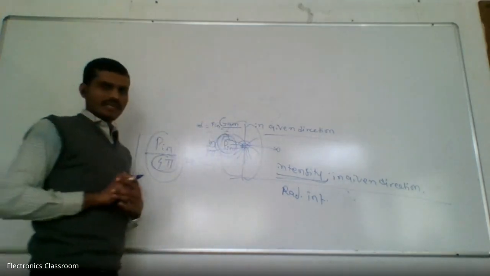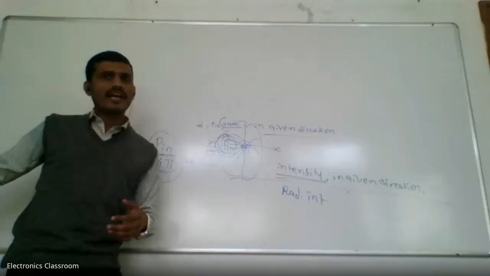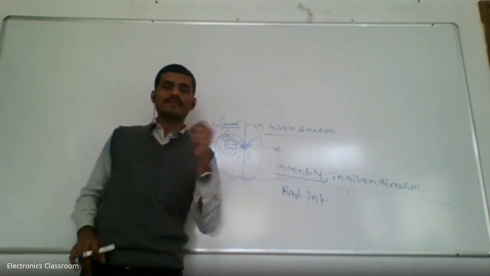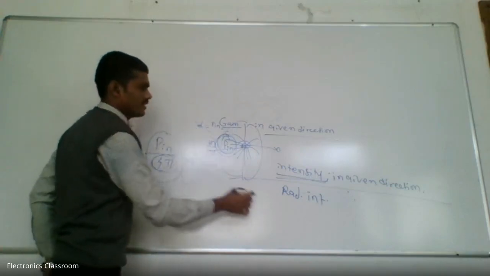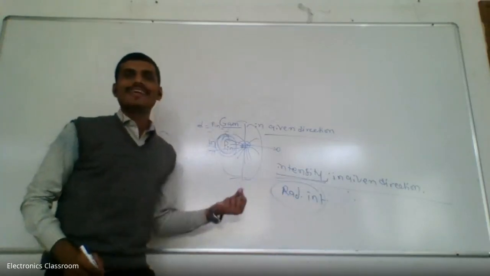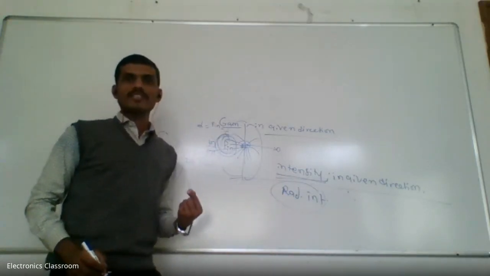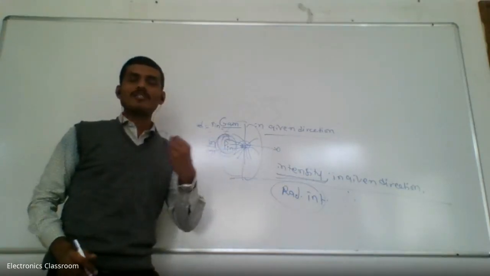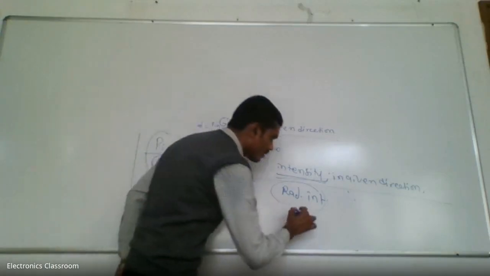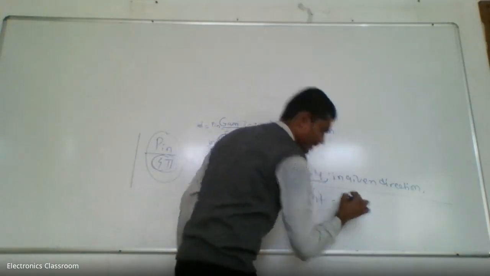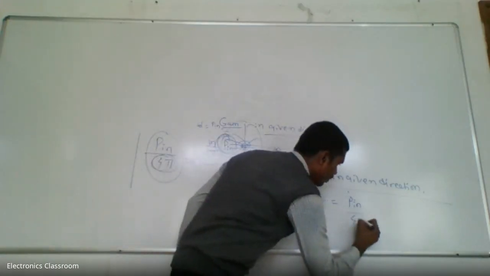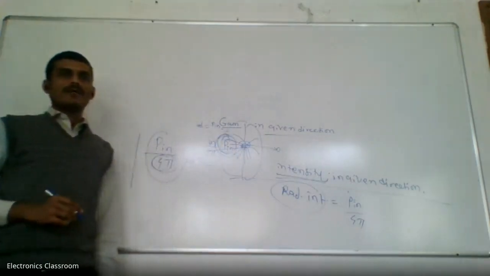Now, the radiation intensity corresponding to the isotropically radiated power is equal to the power accepted by the antenna divided by 4 pi.